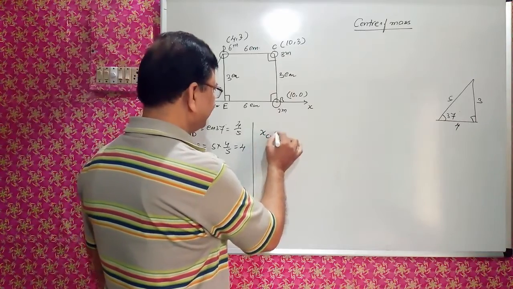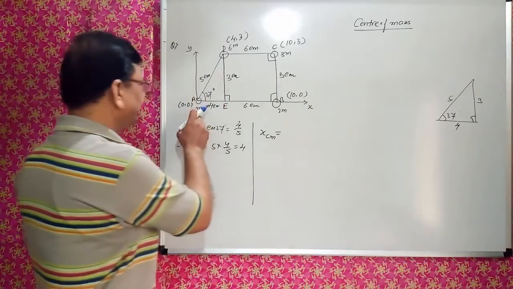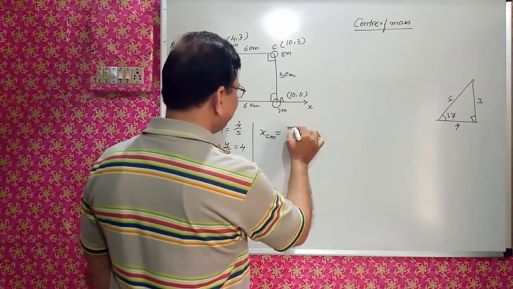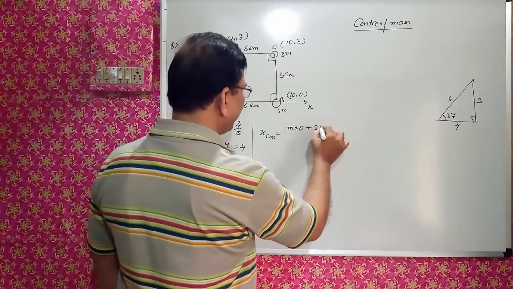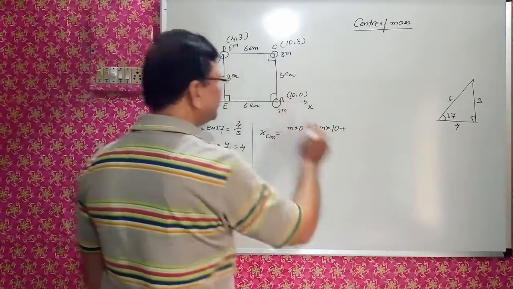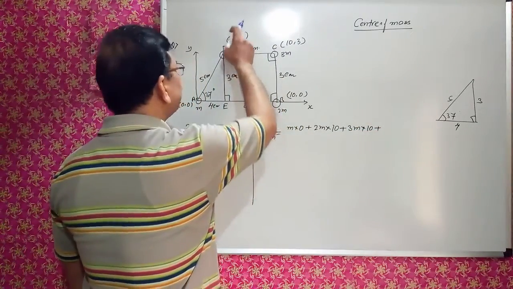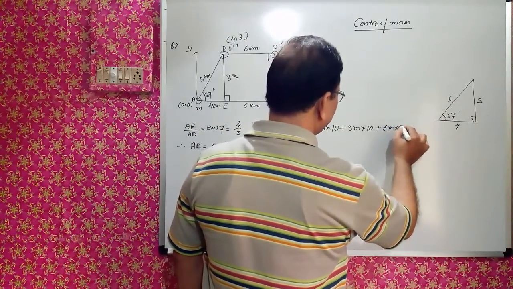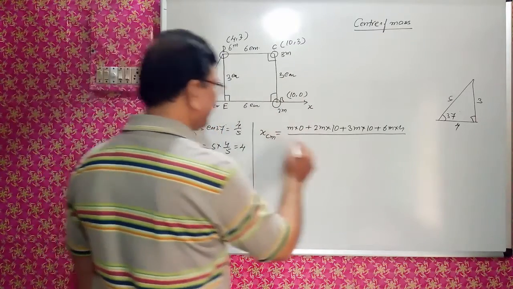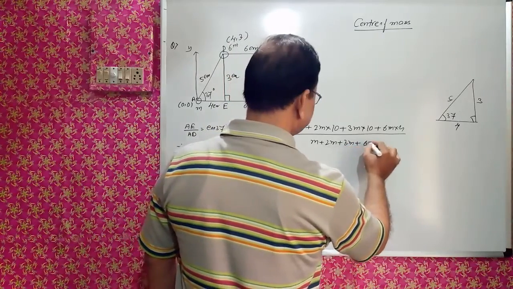So X CM, again the same formula: M1 X1. M1 is M, X1 is 0. So M into 0 plus 2M into 10 plus 3M into 10 plus 6M into 4, divided by the sum of all the masses, M plus 2M plus 3M plus 6M.